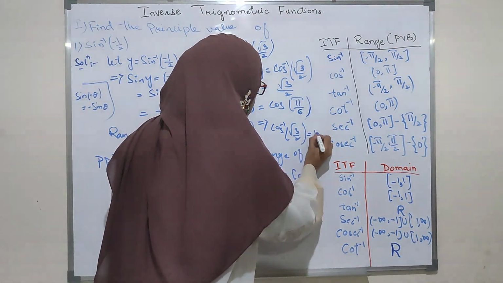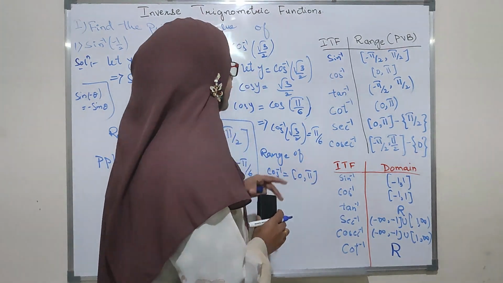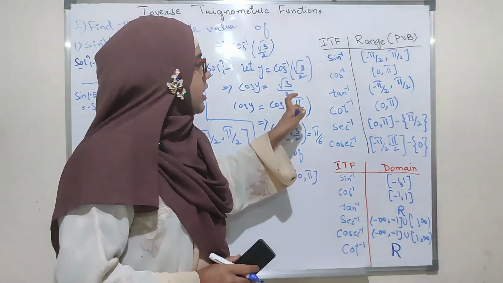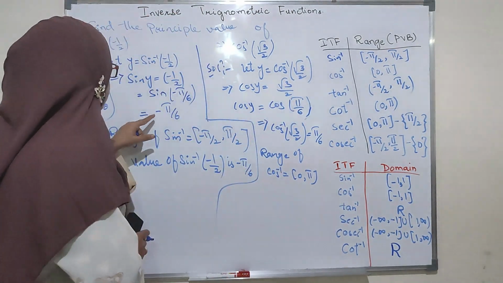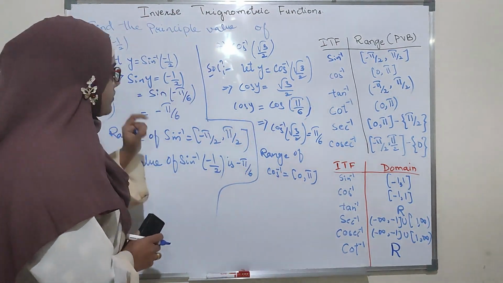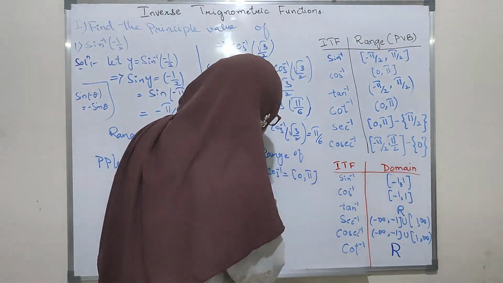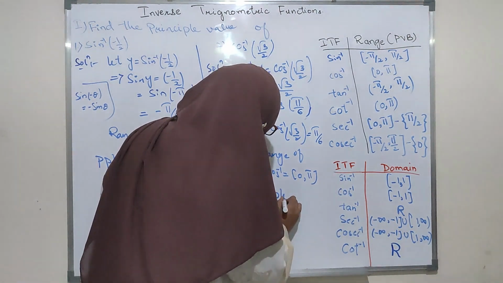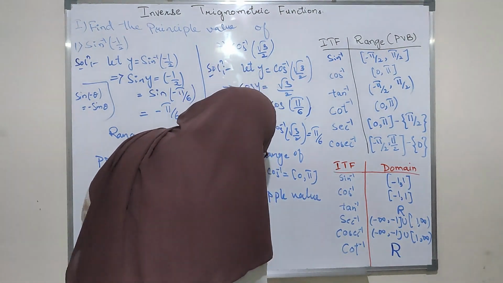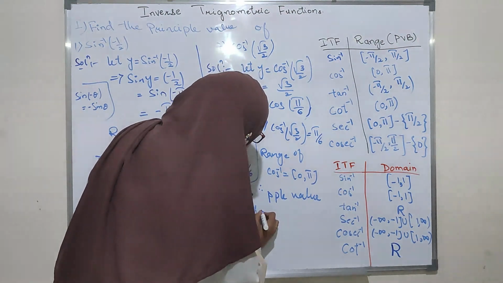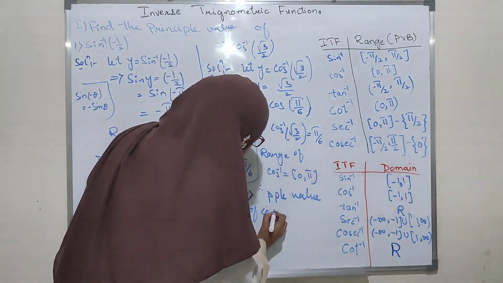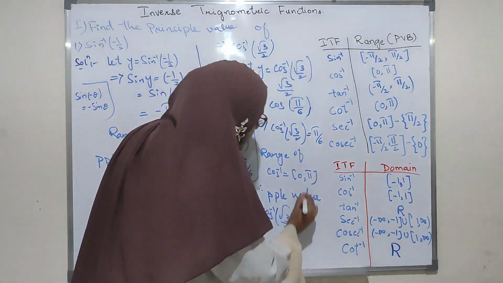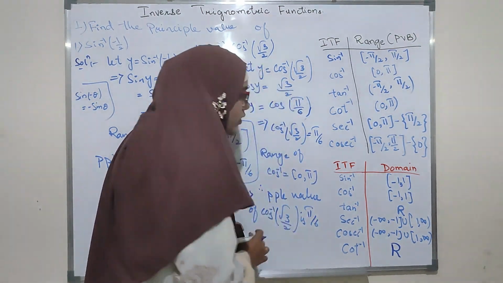This value is for cos 30. Cos 30 is root 3 by 2, so it is cos 30 and this one is correct. So the principal value of cos inverse of root 3 by 2 is pi by 6. It is very simple.